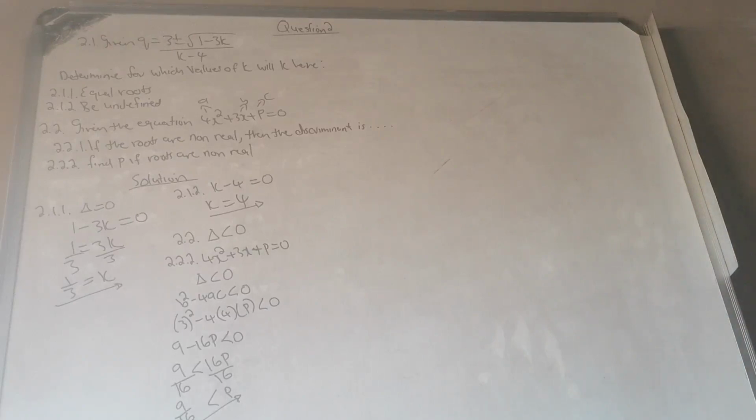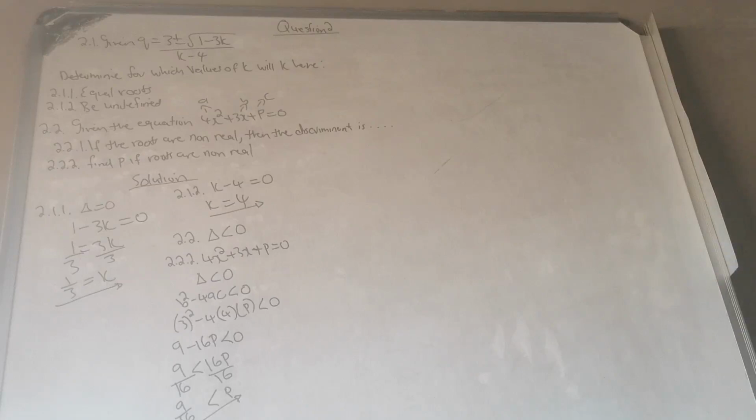The discriminant, the delta, how it is non-real, how it is real, how it is real and rational, equal, unequal roots, and all of that, you just have to go and look into your notes. So this was our question 2. It's done.